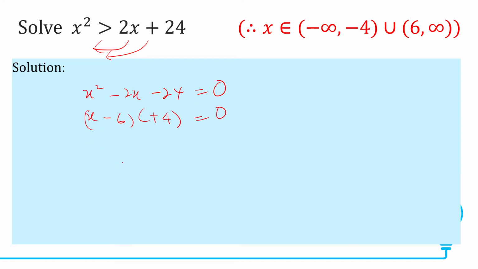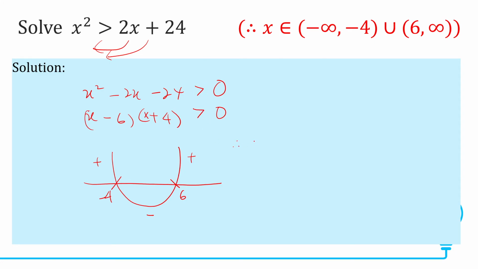As I said, if the question didn't mention what method, I will also use the quadratic method. Sorry, I forgot: this one is negative 4, this one is 6. I need to label positive, and negative. Sorry, this one is not equal, it is greater than.